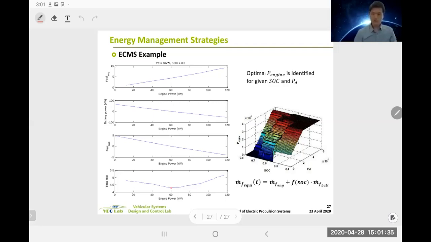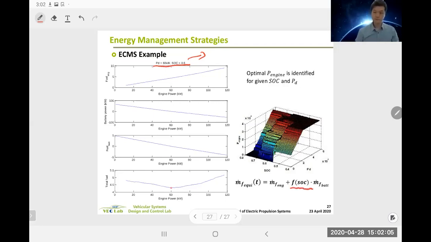So in this example, power demand is 60 kilowatts. The driver is asking for 60 kilowatts of power, and SOC is 60%. Then fixing SOC will determine this coefficient.